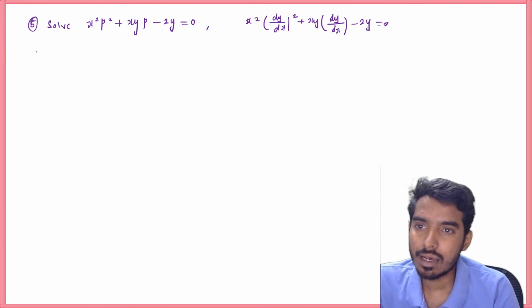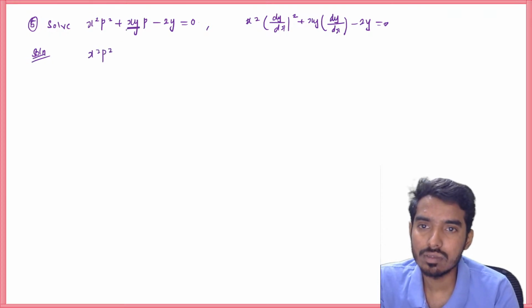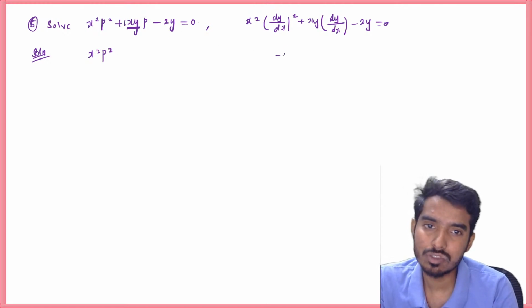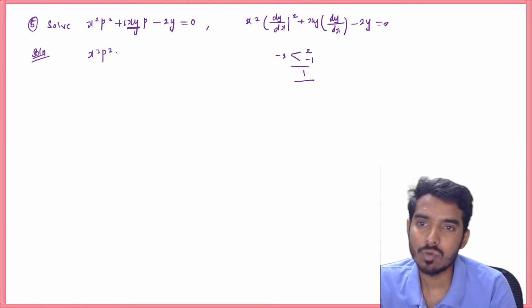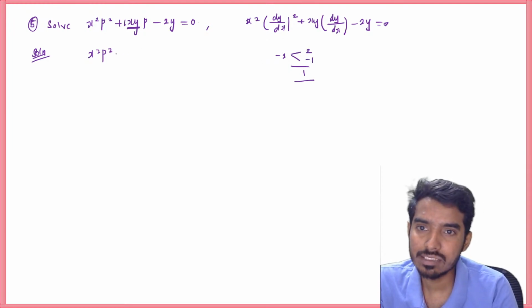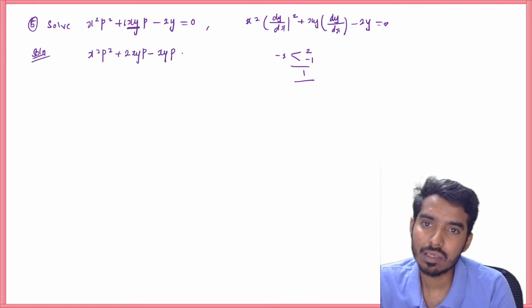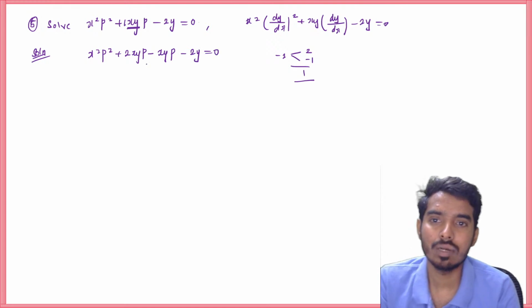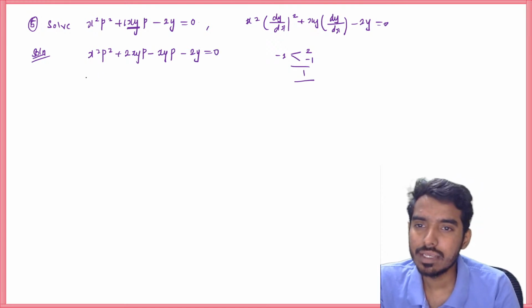Now here we have x square p square. Sum is 1, product is minus 2. So we have 2 minus 1. So just put xyp as 2xyp minus xyp, right? Factorizing this, we take xp outside.